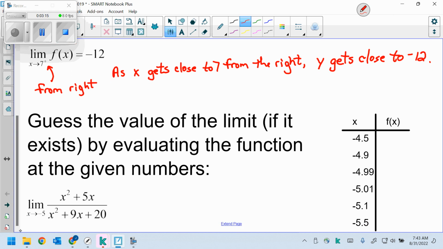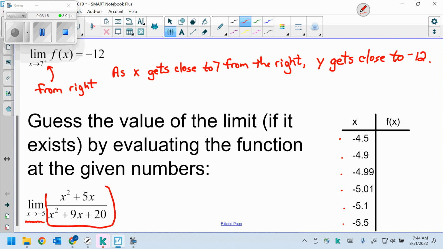Now here we're going to guess the value of the limit, if it exists, by evaluating the function at given numbers. So we're going to try to calculate what we believe the limit as x approaches negative 5 is. Your job, and we're going to press pause here, is to put these x values into this function right here.